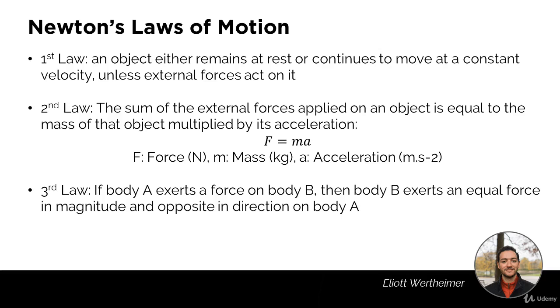On the other hand, if you know that same object's mass and you look at the force that is applied on it, you can calculate its acceleration. This also means that an object of a certain mass will only accelerate when an external force is applied to it.